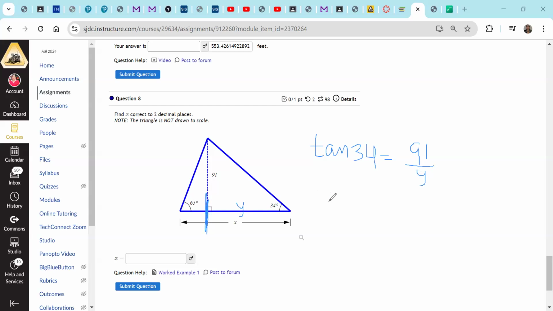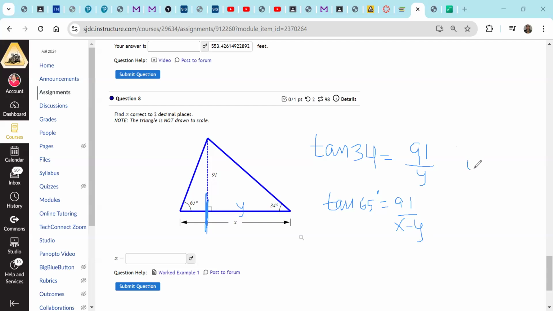And then for tangent 65 degrees, it's 91 over. This gap will be now the total x minus the y. We solve both the equations for y. We set them equal to each other, and we will figure out the x value from there.